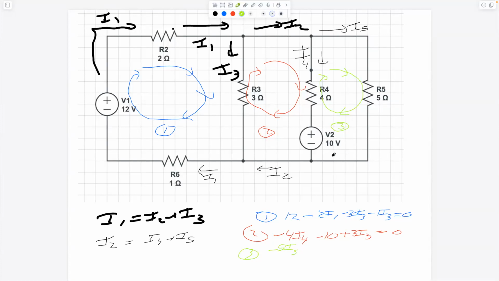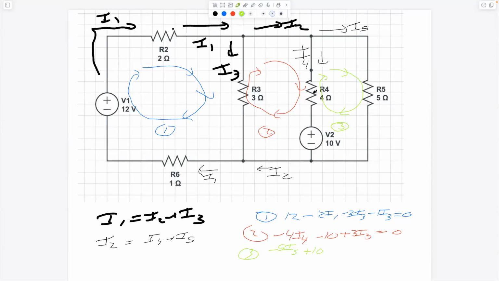Okay, my loop is flowing around and going back up through this battery, so I'm going from negative to positive. On this loop, I'm going through the battery correctly. See, the other loop went backwards through the battery. This loop goes through the battery the right way. That makes it a voltage rise. So plus 10 volts.